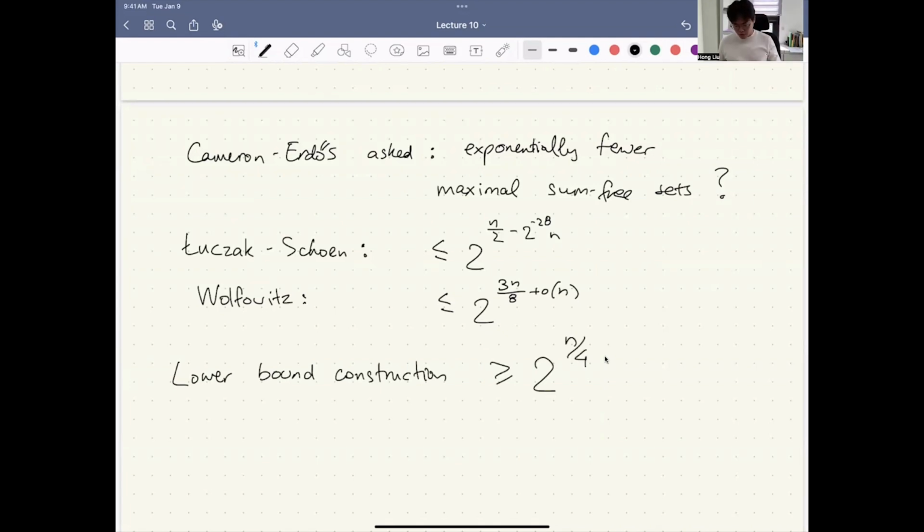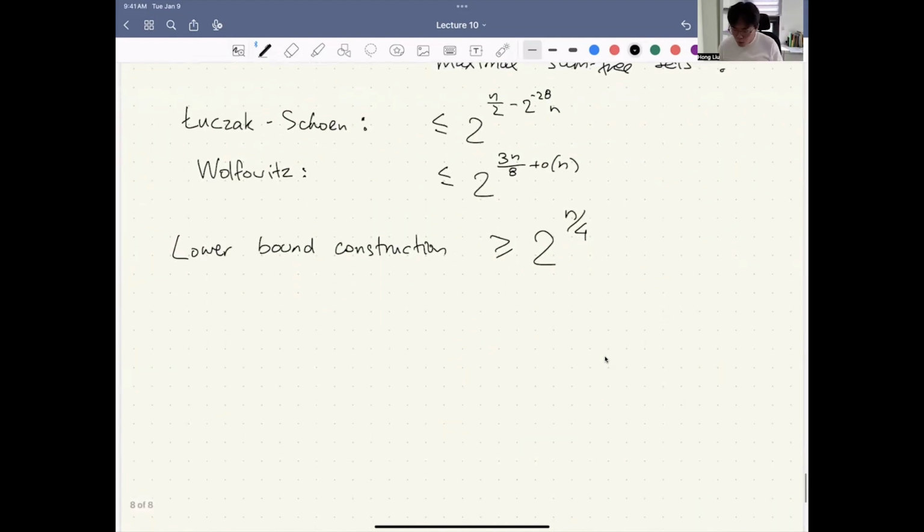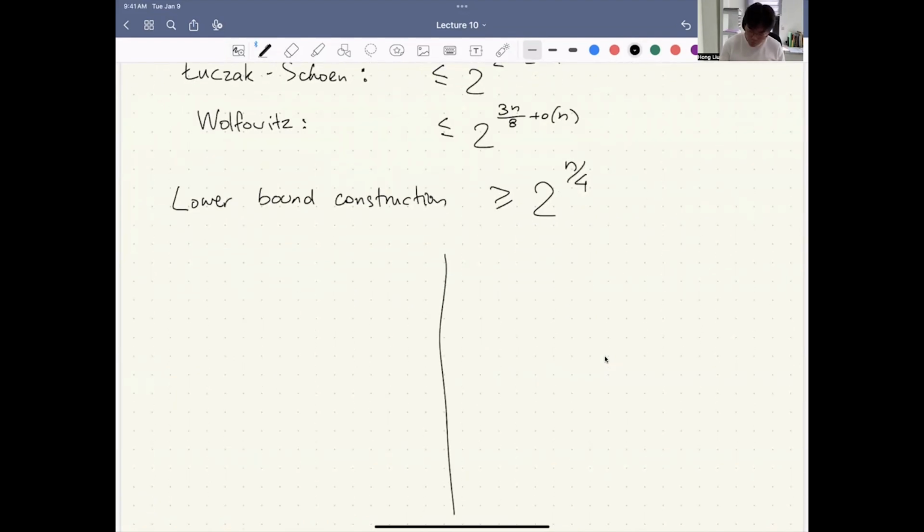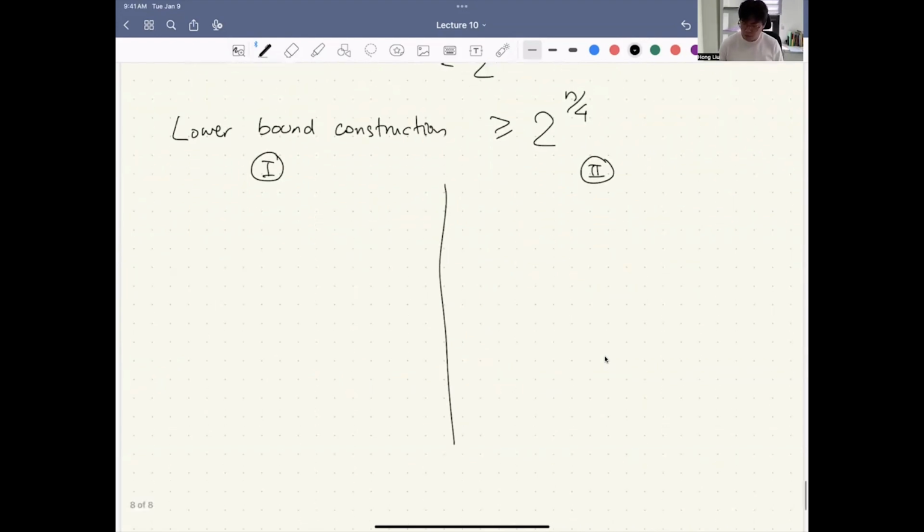Let me give this construction. There are two constructions, in fact, so I'll give two constructions. Construction 1, construction 2. In the first construction, let's again assume 4 divides n.